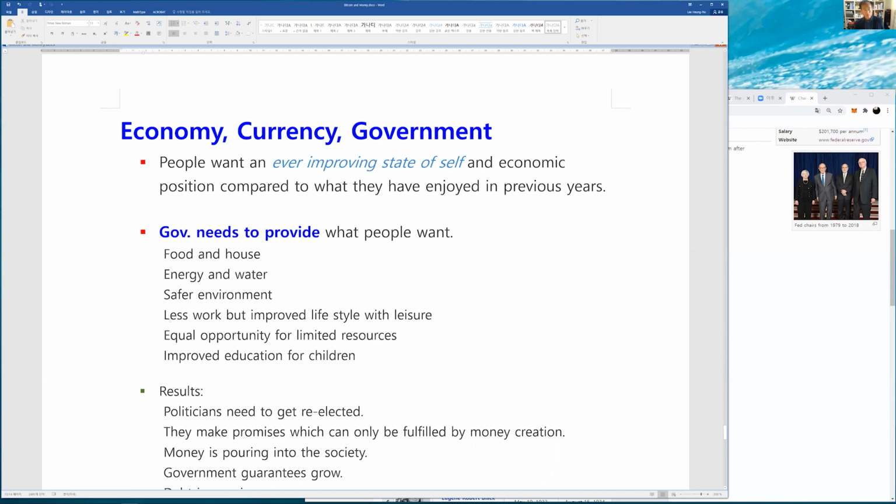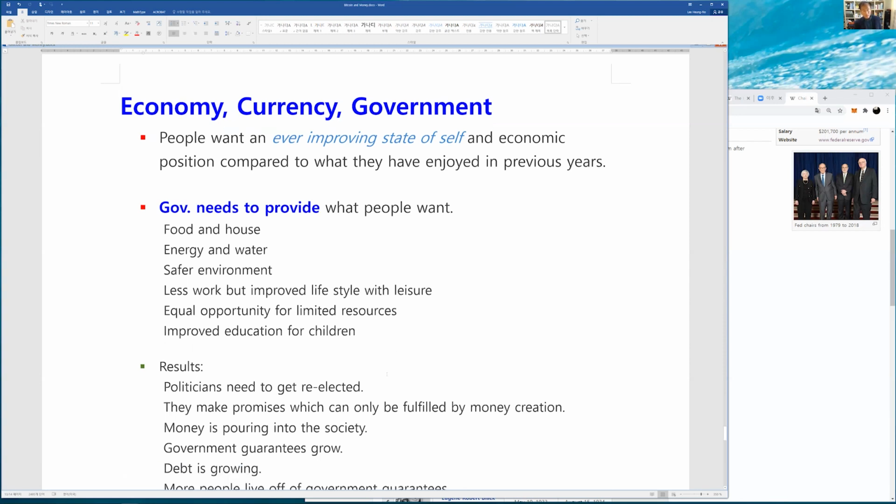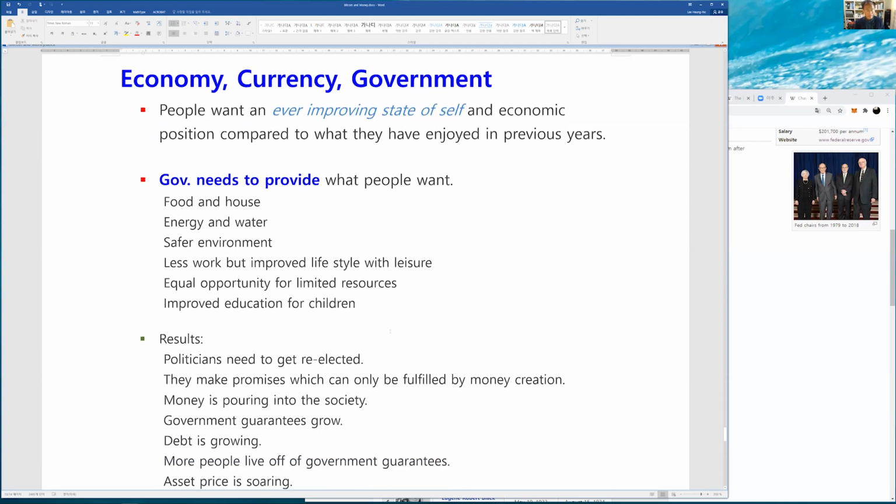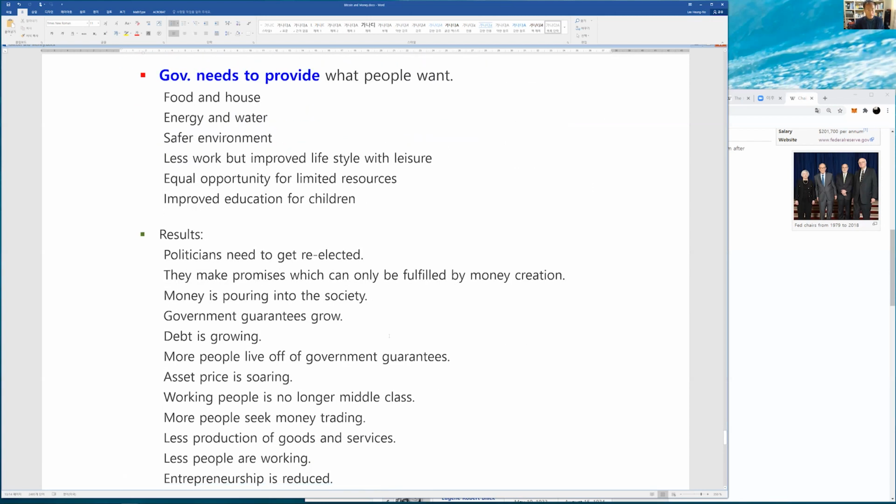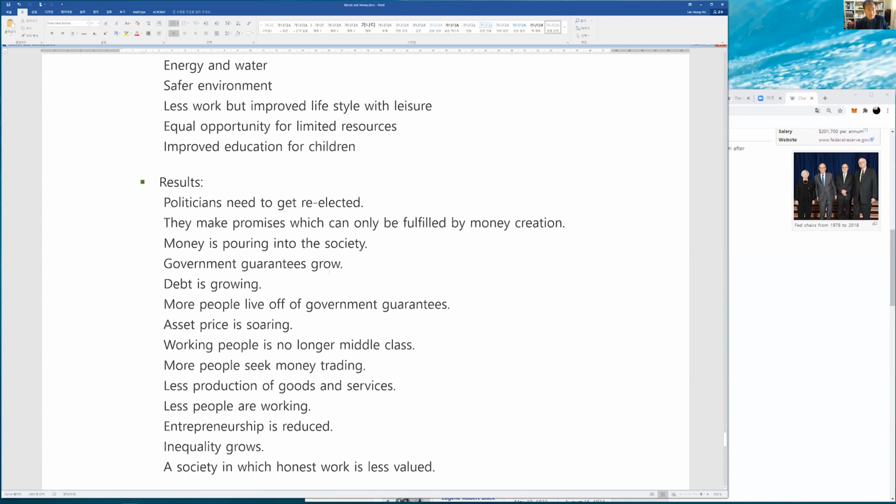For example, I want to work less but improve the lifestyle with leisure and equal opportunity for limited resources like education, land, and busy areas, and improved education for children, free education, free college education and so on. And the result: politicians need to get re-elected, so they make empty promises which can be fulfilled only by money creation.